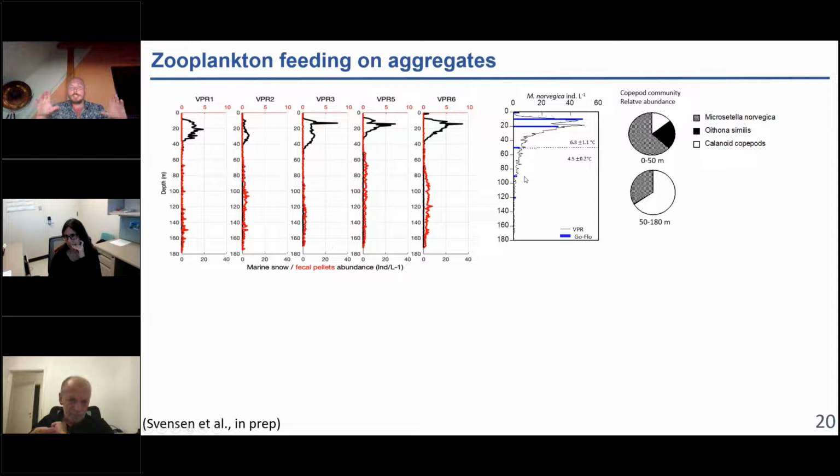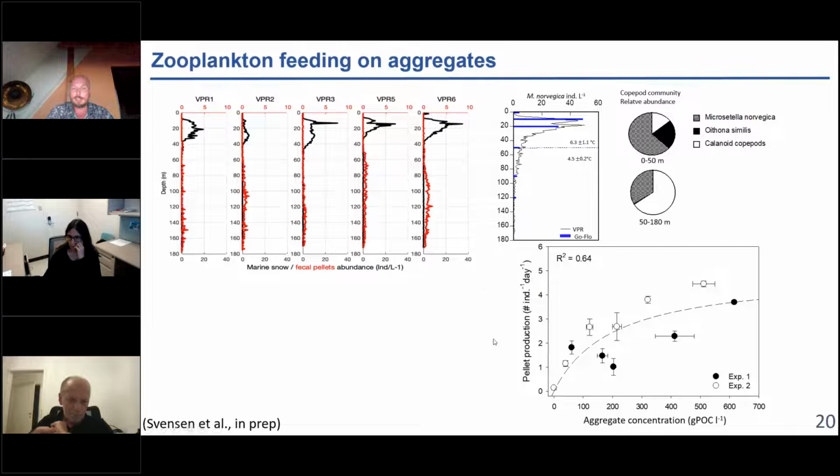So it's really masses of these tiny copepods that are searching the water column, and once they find the depths where you have marine snow, they start swimming horizontally and really detecting the particles, breaking them apart, feeding on them, respiring them, etc. And we then were like, okay, but are they really feeding on them? So we did, I don't know if you can see, the x-axis here is marine snow aggregate concentration. And because you can't really measure how much they feed because they're so small.